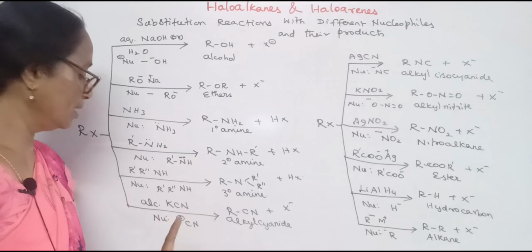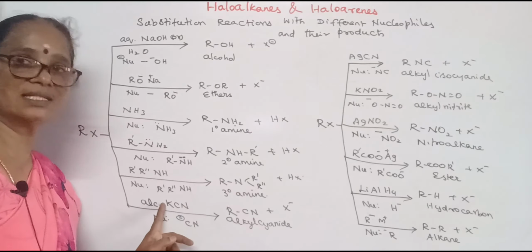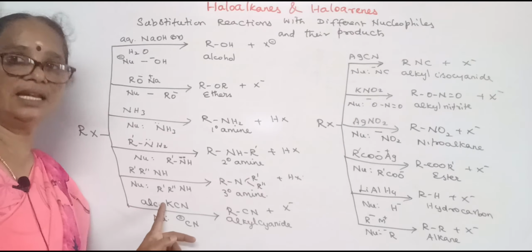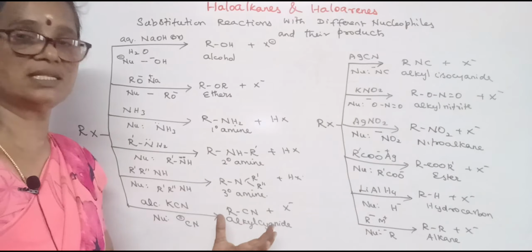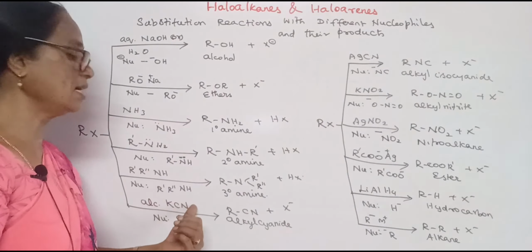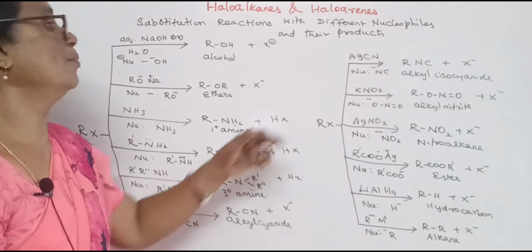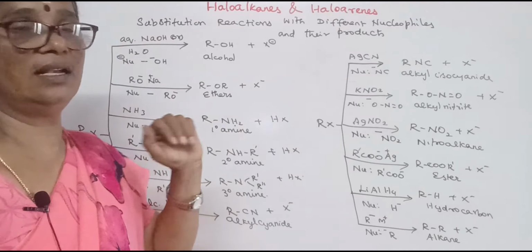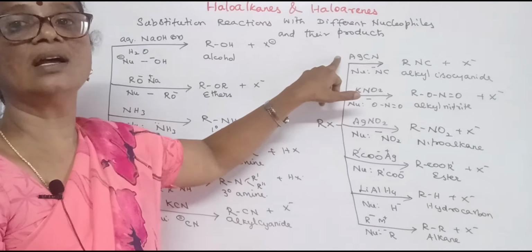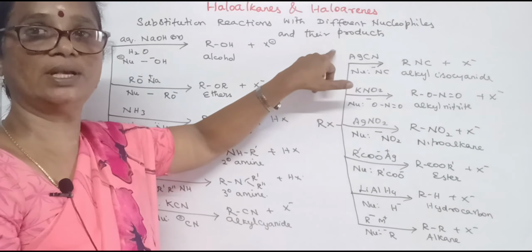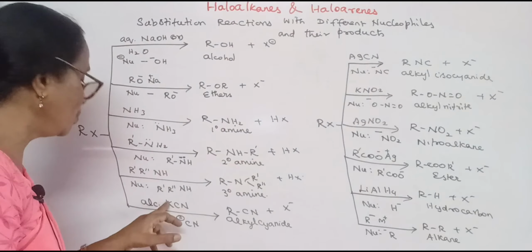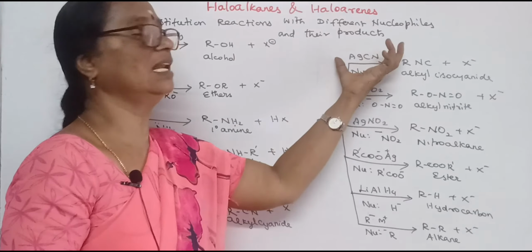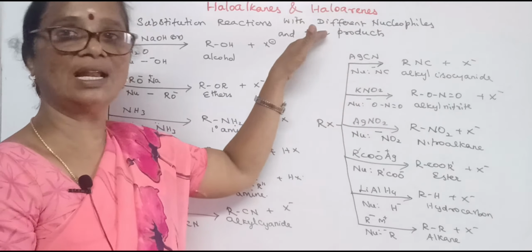This is because potassium cyanide is highly ionic in nature and can completely dissociate into potassium ion and cyanide ion. But in the case of silver cyanide, silver is not an S block element, it belongs to D block, and its electropositivity is much smaller than potassium and hence silver cyanide has covalent character.